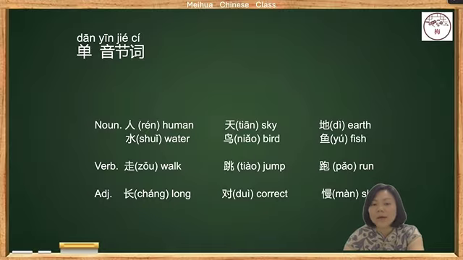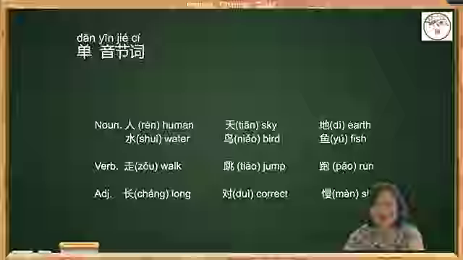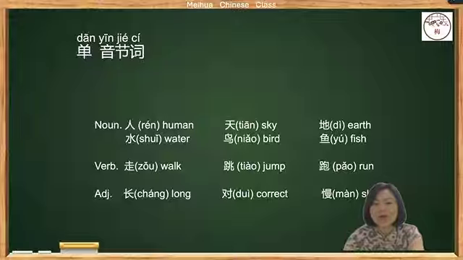Yeah, we can find many such single syllable words. But one fact is single syllable words are quite a small part of the Chinese vocabulary, but they are used quite often, very, very frequently.